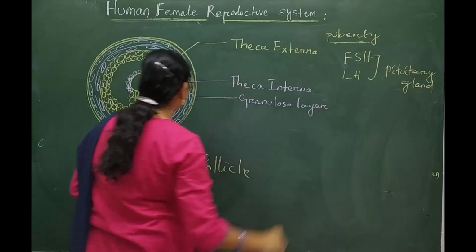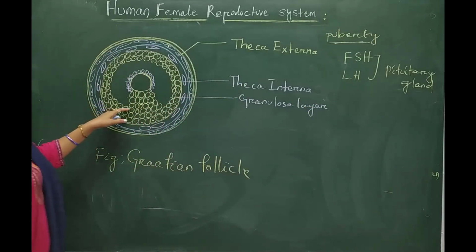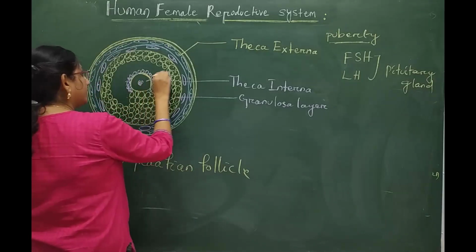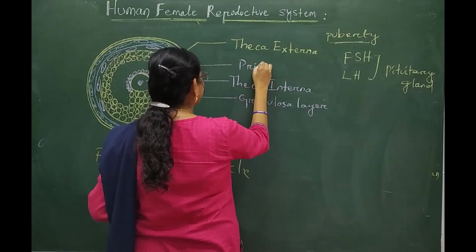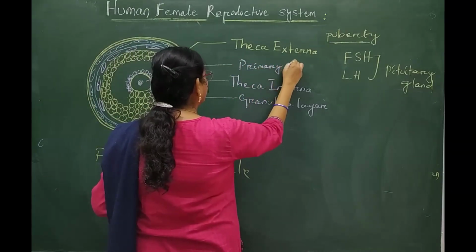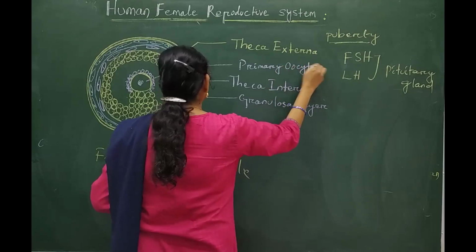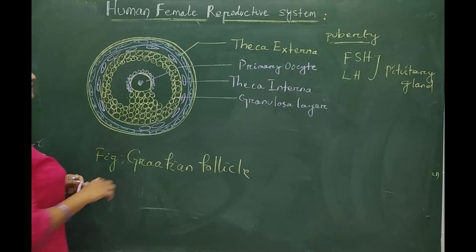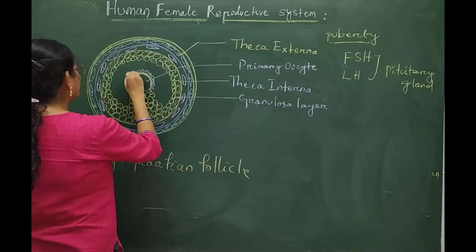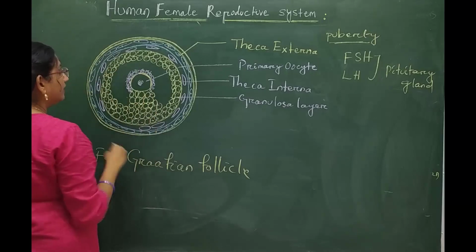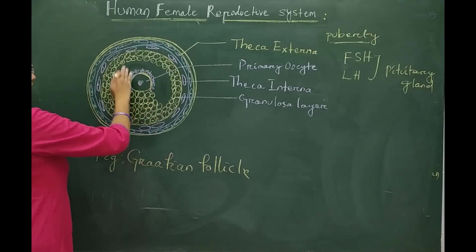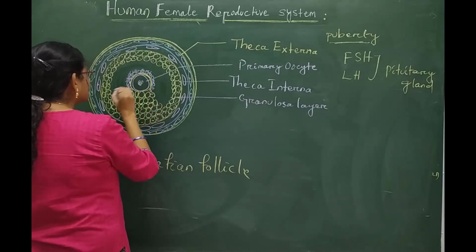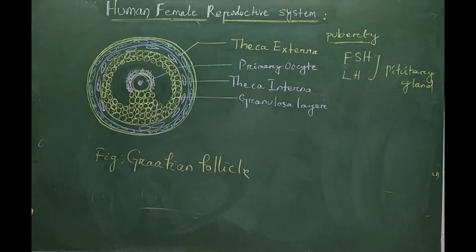This granulosa layer, or the granulosa cells, is used to produce the estrogen hormone, and at the center the primary oocyte is present. This primary oocyte is surrounded by the granulosa layer, and several other layers are also found surrounding this primary follicle.